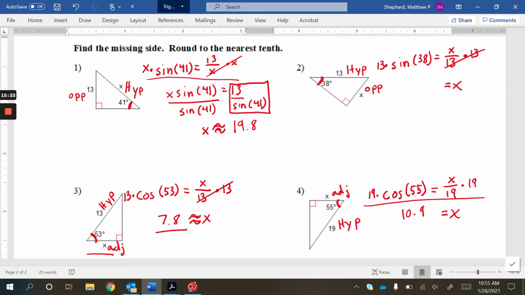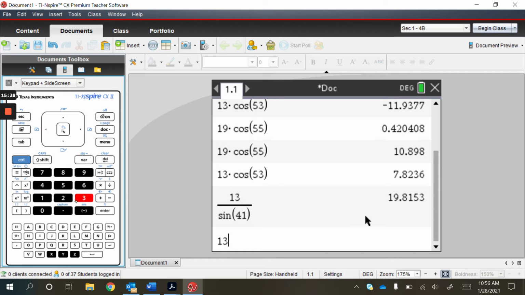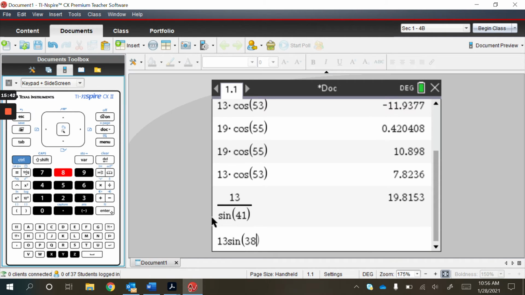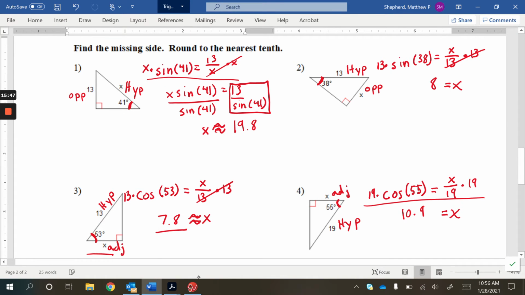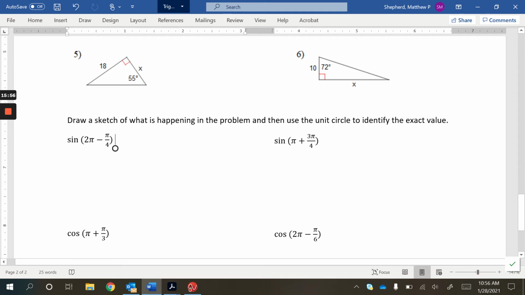Okay, and then 13 sine of 38, and that's approximately 8. Now that I've fixed that mistake, I'm not going to edit it out, because maybe that's useful to some people in the future to recognize that you need to be paying attention to what your calculator is using.